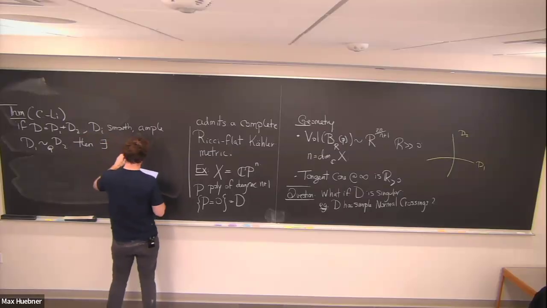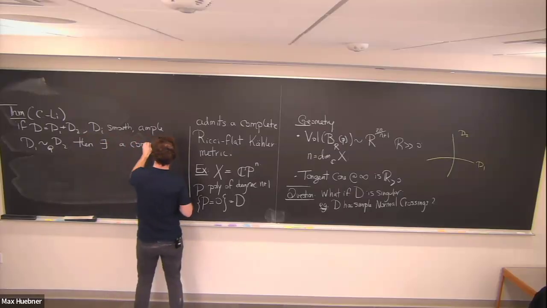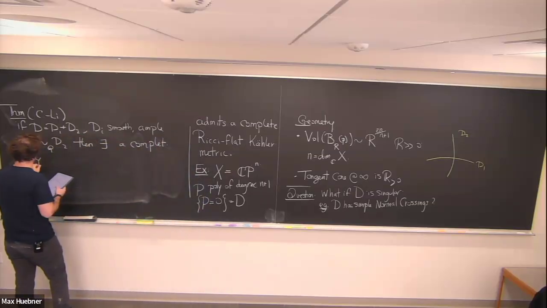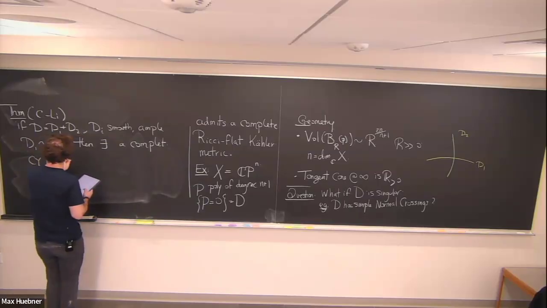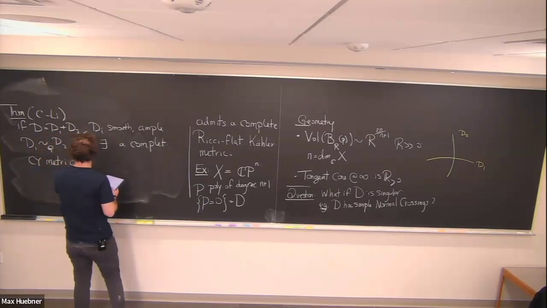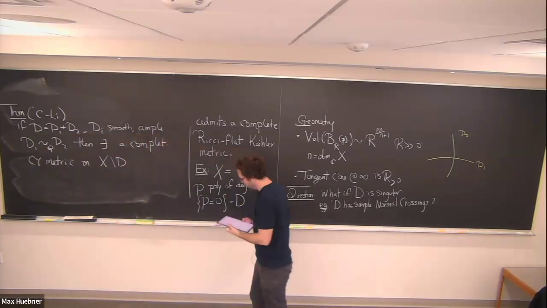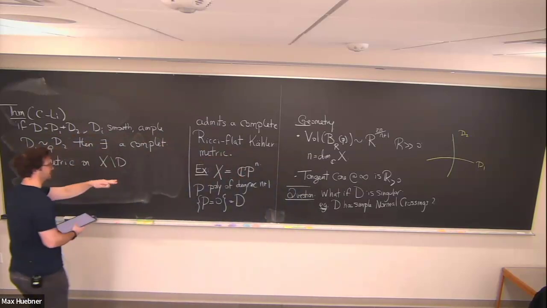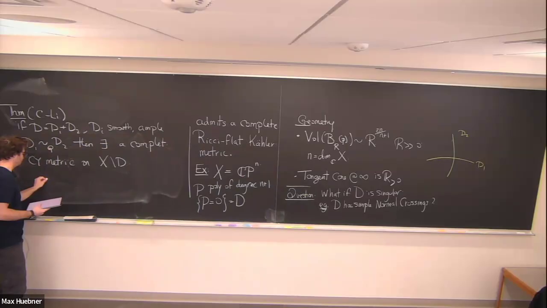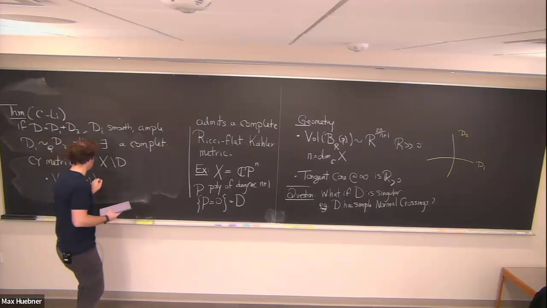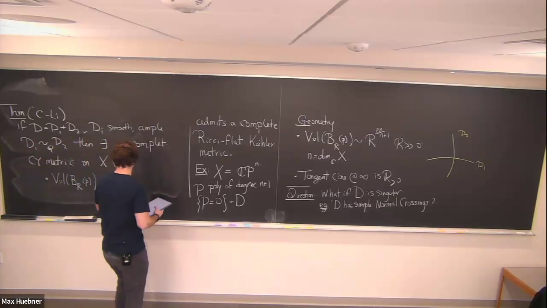there exists a complete Calabi-Yau metric on X minus D. Just to differentiate this from the geometry over here, the volume growth of this metric is again fractional, so it's not an integer.